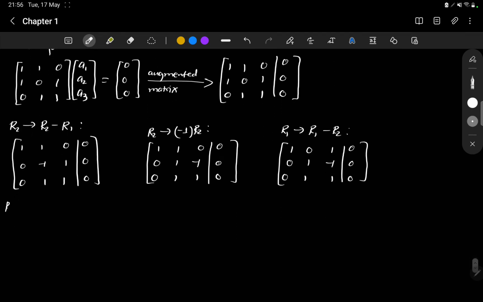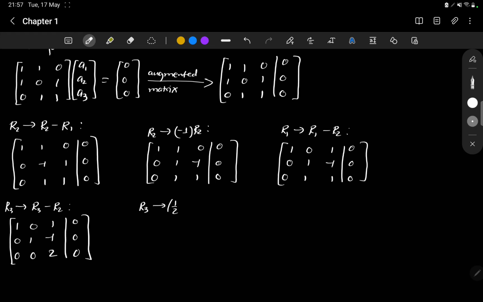So that is row 3 goes to row 3 minus row 2. Now we want to make this element 1. This is the pivot element. So row 3 goes to 1 by 2 row 3.